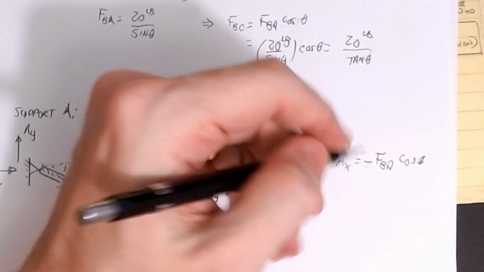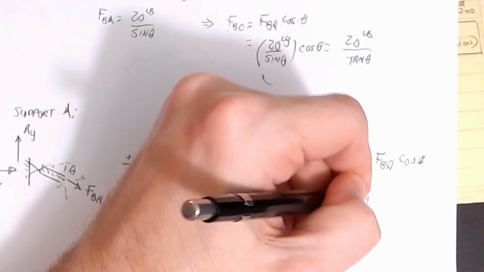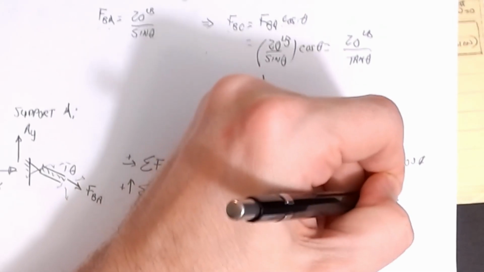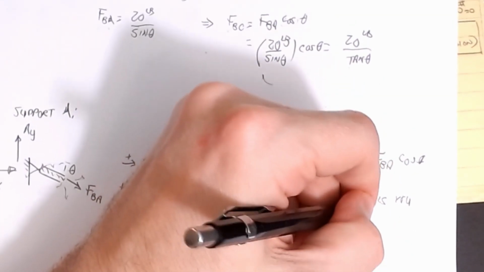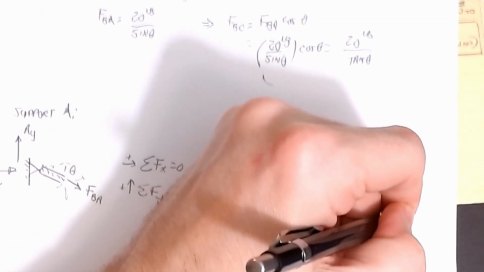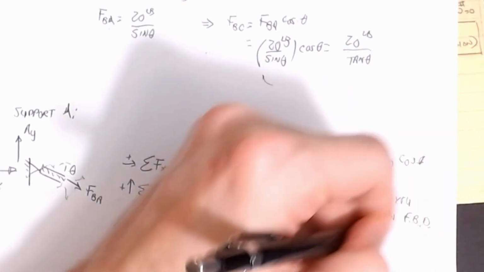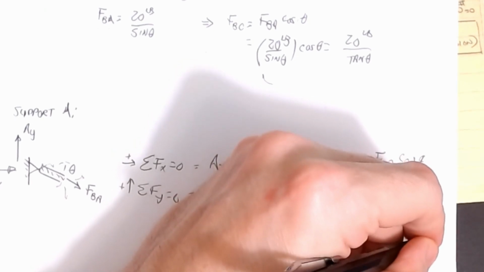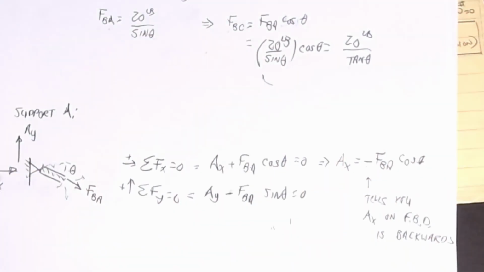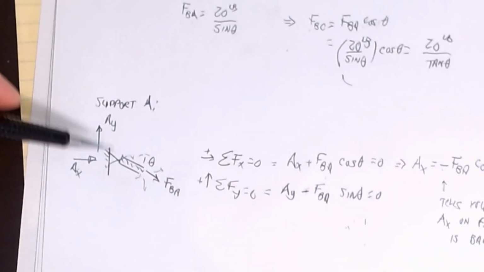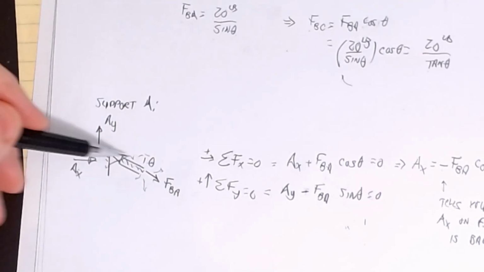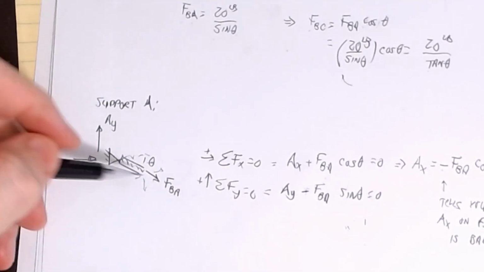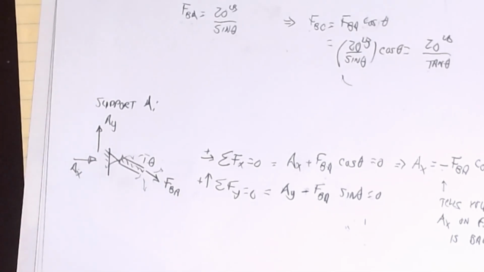So this minus sign tells you that AX on your free body diagram is backwards. It's opposite direction. It's not truly in this direction. And that should make sense, right? If I have an X component to the right and AX is to the right, there's no way that can be in equilibrium. So if I'm pulling on this, AX has to be pulling backwards, okay?